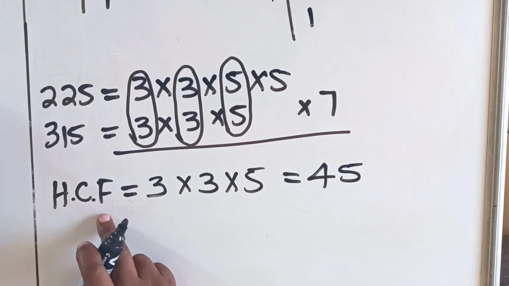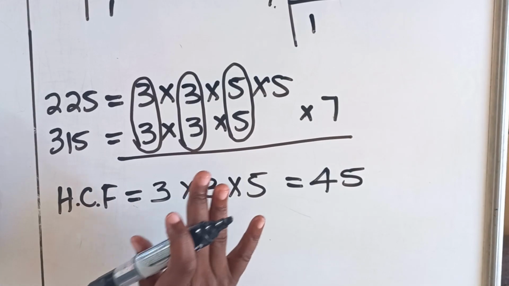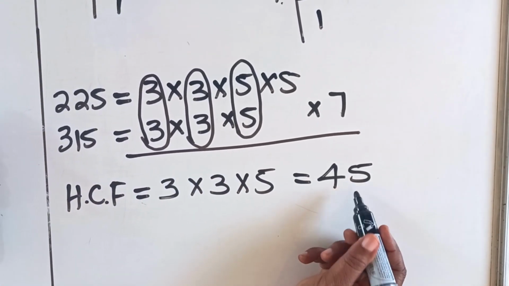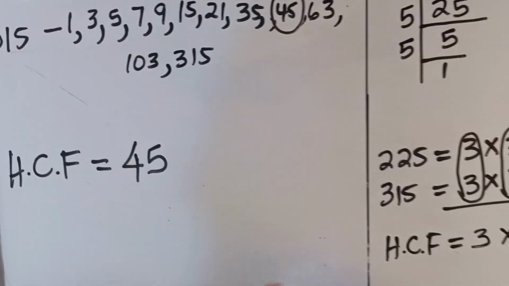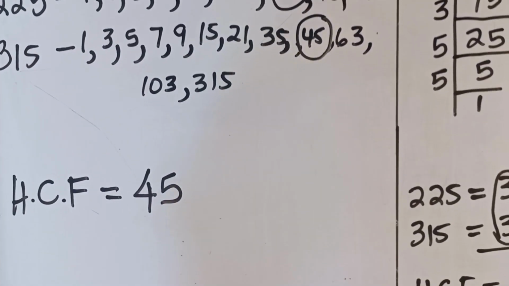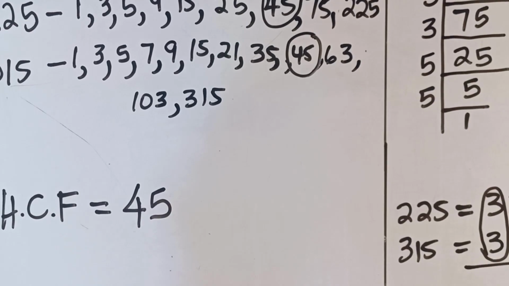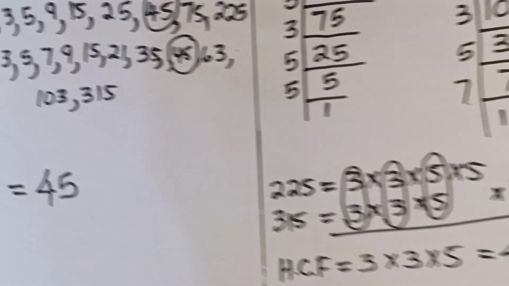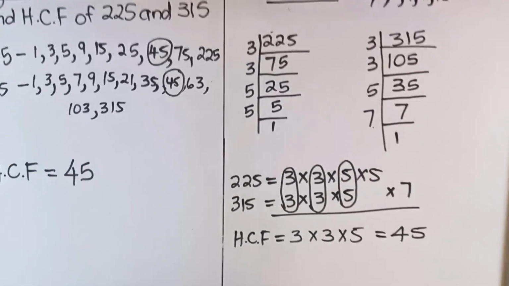So my highest common factor, if I'm factorizing with prime numbers, I'm going to get 45. You remember with the other method, when you find all the factors, the answer was 45. So whichever method you like to use, it will work out.